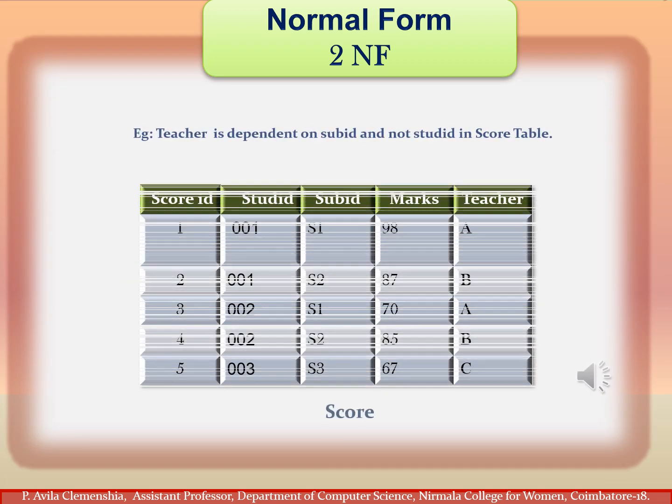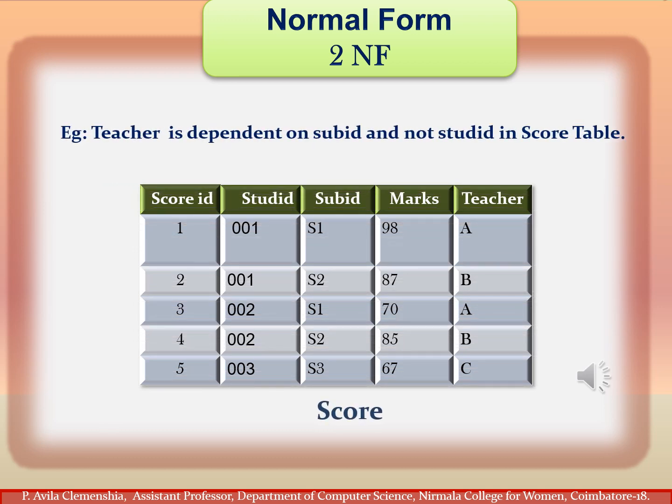In the score table, the teacher attribute is dependent on the subject ID and it is not dependent on the student ID.